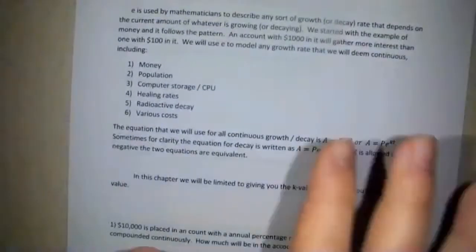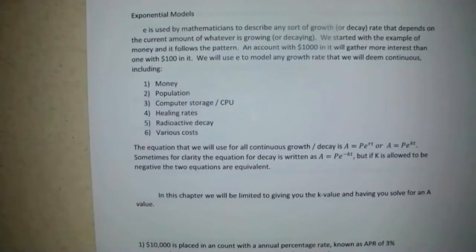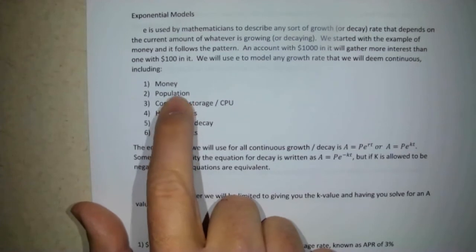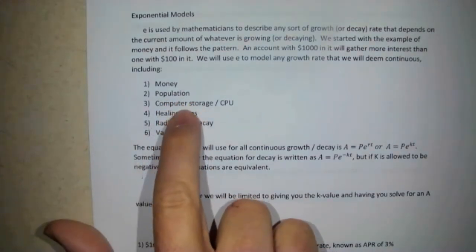How are we going to use it? We are going to use it in all kinds of different questions. Obviously, the money thing that we've been dealing with, banks actually do use this. This is how they do it. They don't compound annually or semi-annually or anything like that. It is continuous. We will use it for studying population growths and really anything that we consider to be growing continuously.